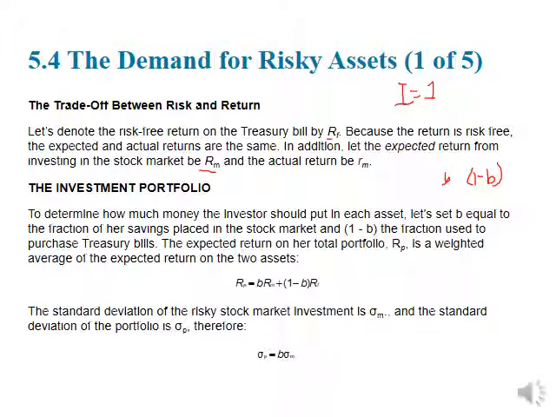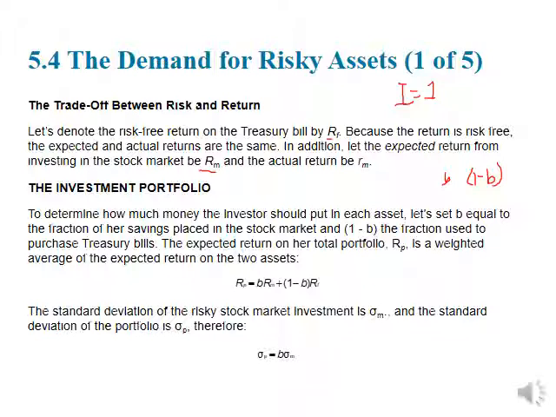Thus, the expected return on her portfolio is the weighted average of the expected return from the market, weighted by B, the proportion of income in the market, plus the expected return on the treasury bill, weighted by 1 minus B, the proportion in riskless assets.